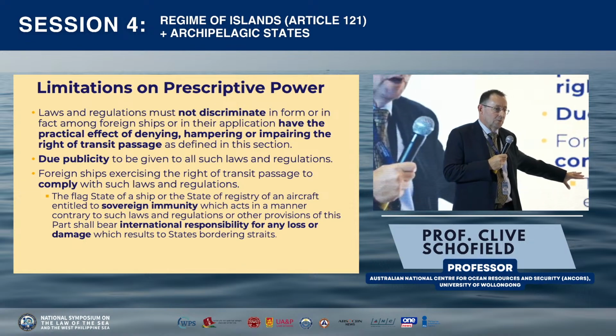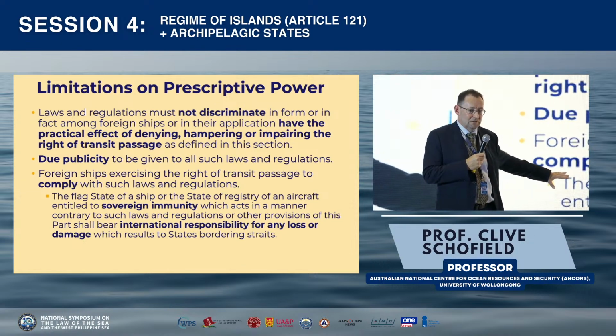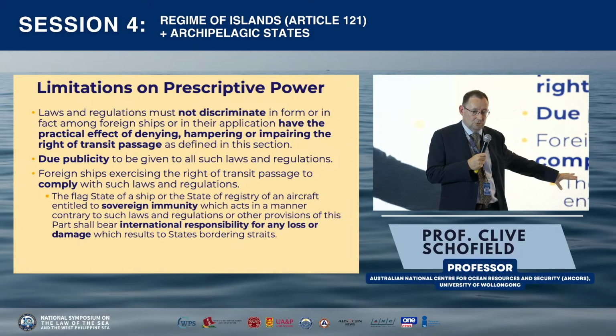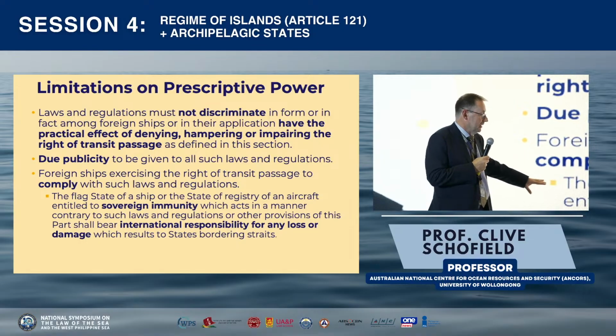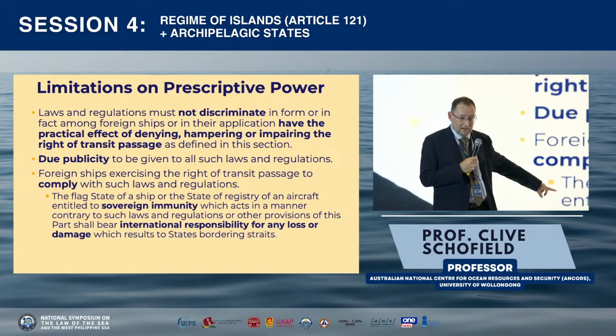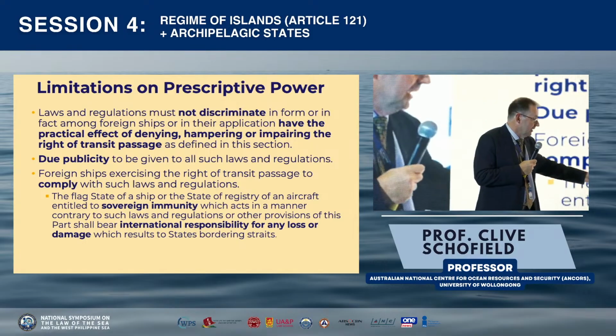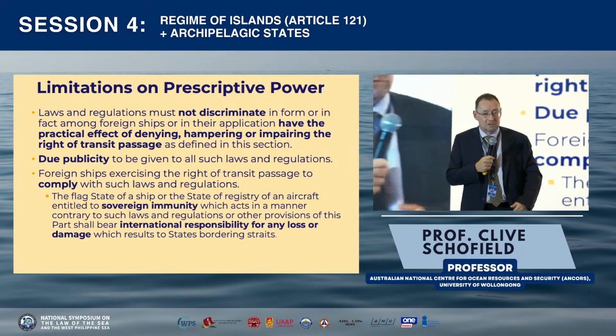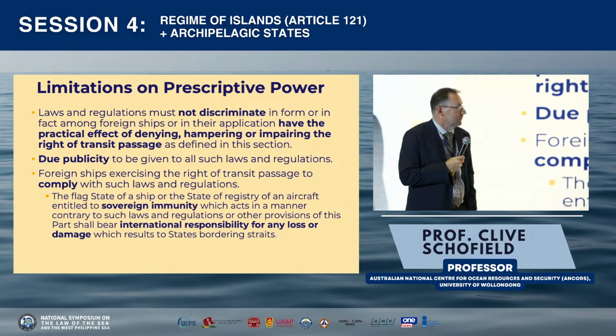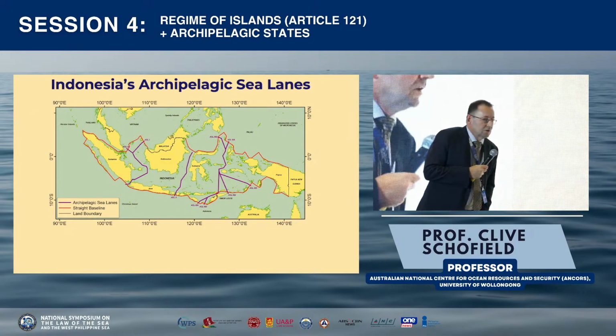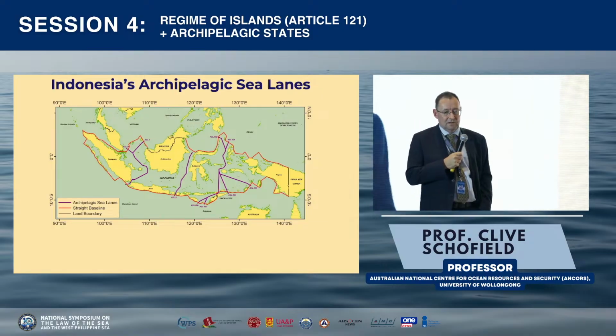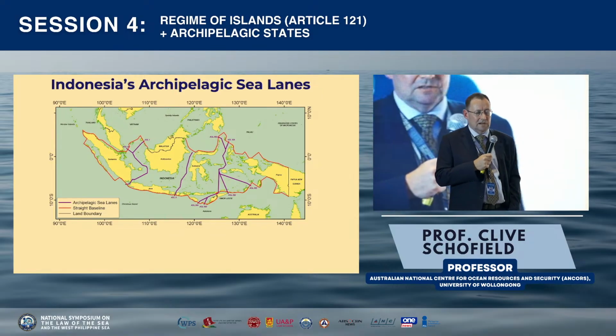Therefore, you can't stop a foreign warship undertaking ASL passage, even if it's breaching your laws. But there may be an opportunity to take a case, for example, to ITLOS, in relation to international responsibility for any damage. Next, please. So here are Indonesia's ASLs from the late 90s, 1998.